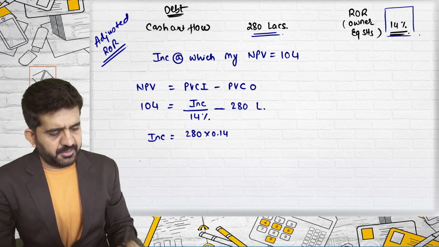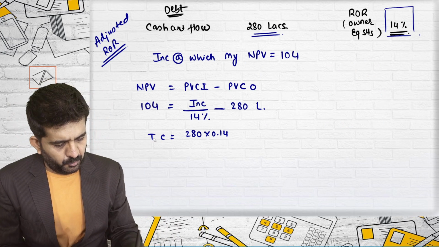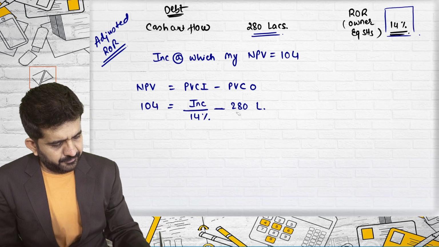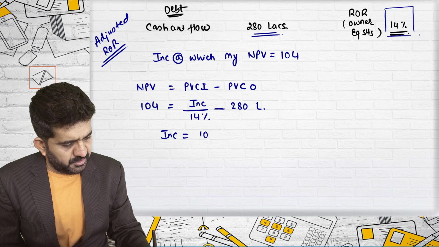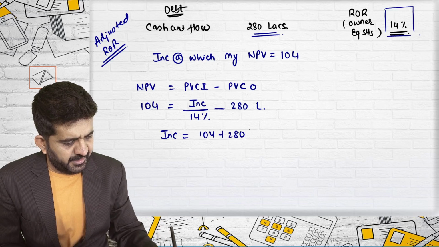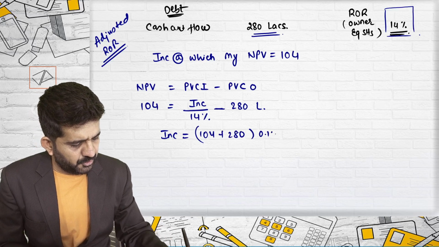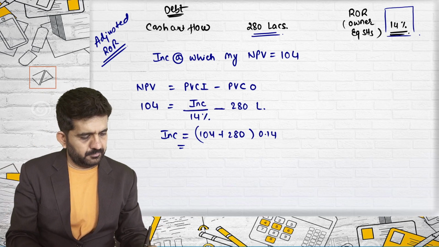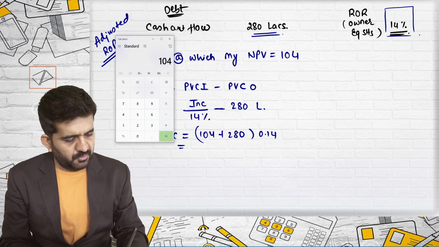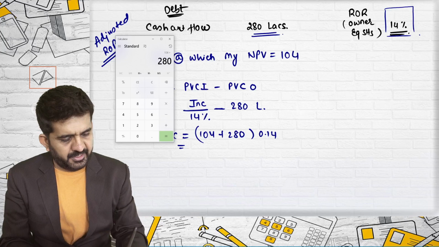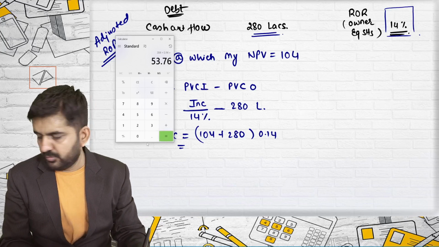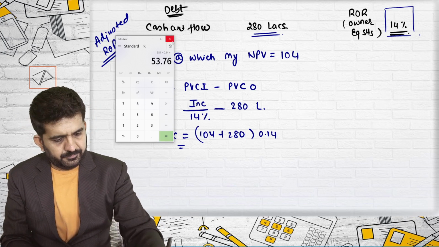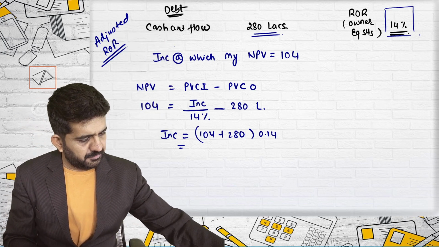I'll explain it in detail. So my answer will be income is equal to 104 plus 280 multiplied by 0.14. Just a minute, I'm making some mistake.